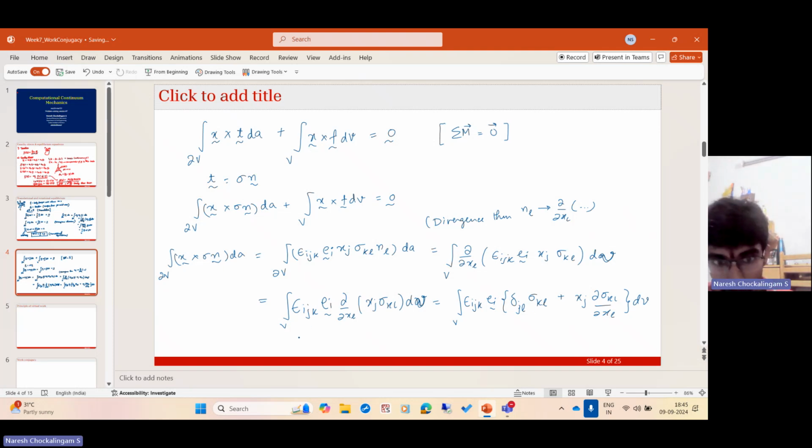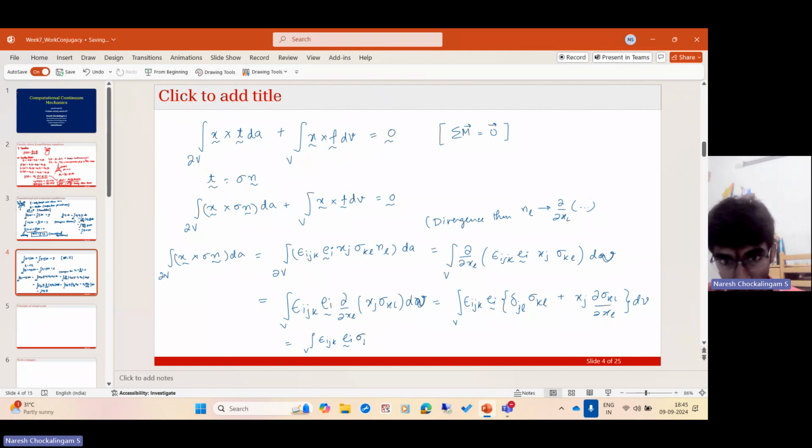I can split the two terms now. So this becomes the integral over the volume, epsilon ijk ei, delta jl sigma kl. The Kronecker delta has the replacement property: in place of l, we can replace j.